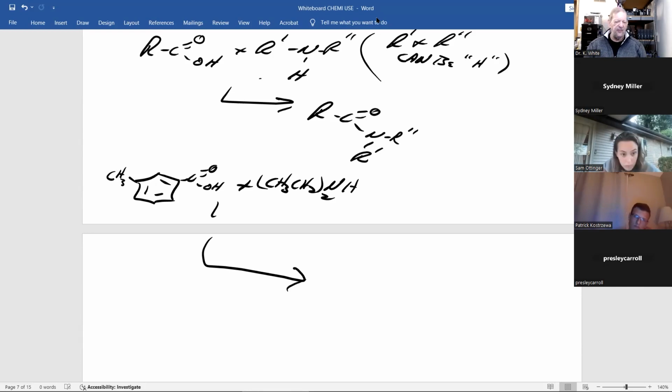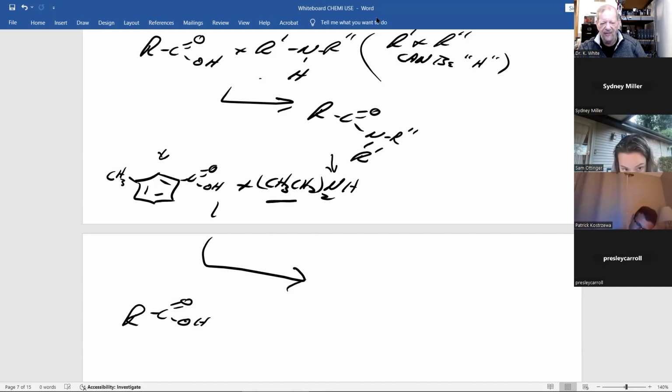If we look at the first molecule, what do we see that's different? We've got a benzene ring, but benzene will not react with an amine nitrogen compound under these conditions. So that's really an R group and a carbonyl OH, a carboxylic acid. And if we look here, ooh, we've got 2 R groups.